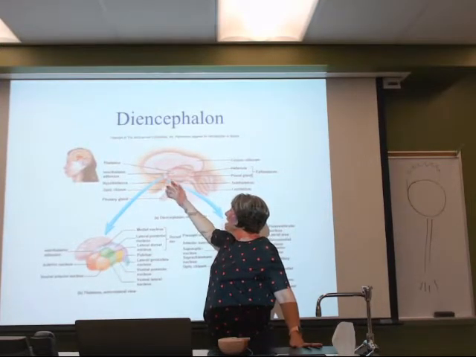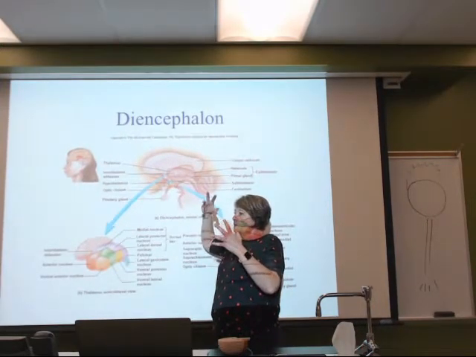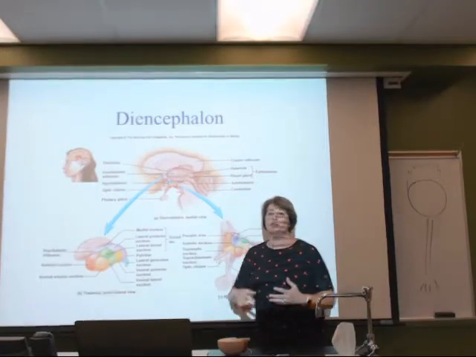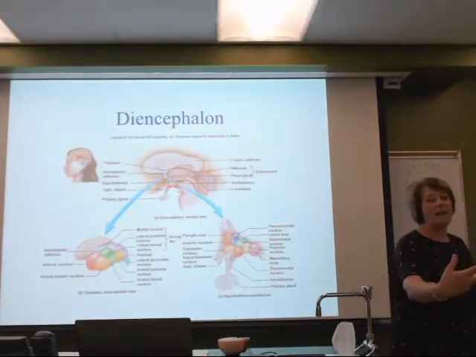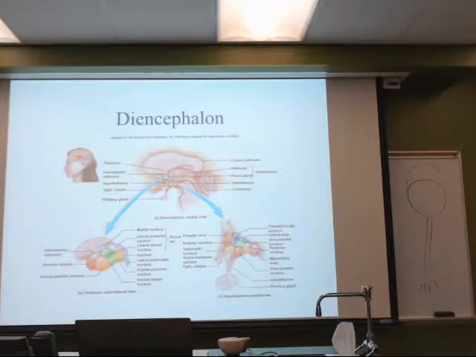Note that it's not a very well defined area. But one thing that we can see is that it's inferior to the corpus callosum. Is there a particular reason that the pituitary gland is segregated from the rest of the brain? Yes.